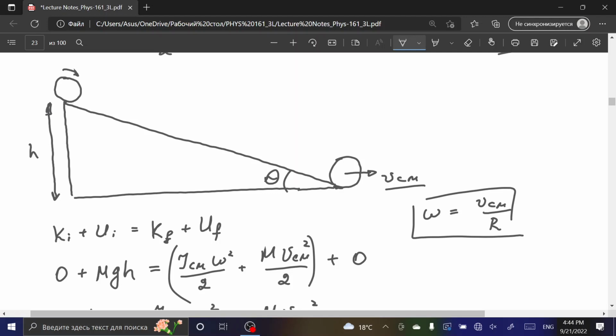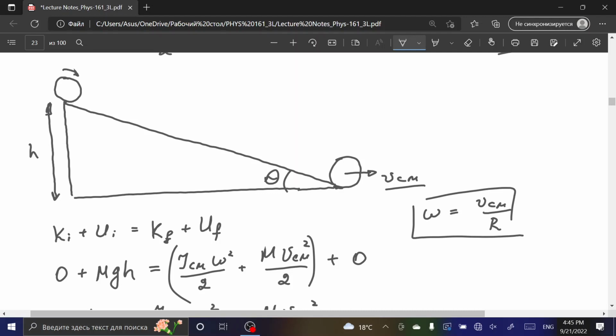So let us summarize our discussion today, and we continue the calculation of moment of inertia. In particular, we considered how to calculate moment of inertia of continuous bodies. In that case, we need to divide it into small pieces with very small masses and integrate all over the volume, surface, or length, depending on which type of continuous body we have.